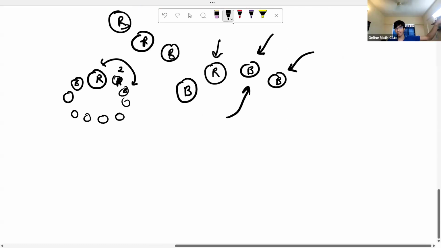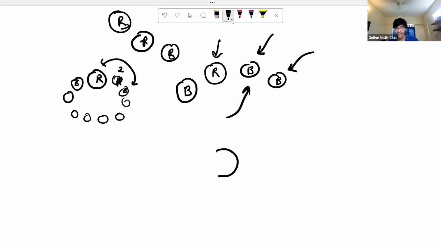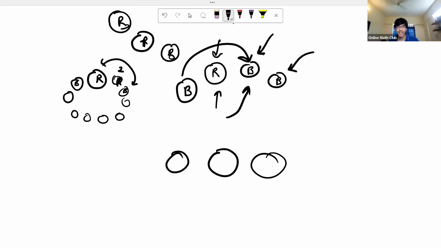All numbers start off as blue, and slowly you're performing moves which make more and more numbers red. And the only condition at each point is that whenever you're operating on a number to make it red, both of its neighbors should be of the same color.